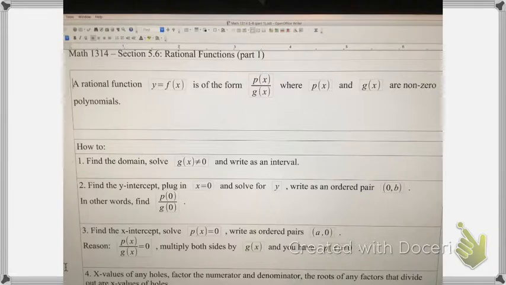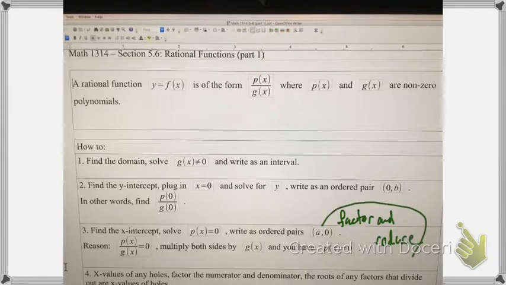Of course, we want to factor and reduce before we do this, okay?